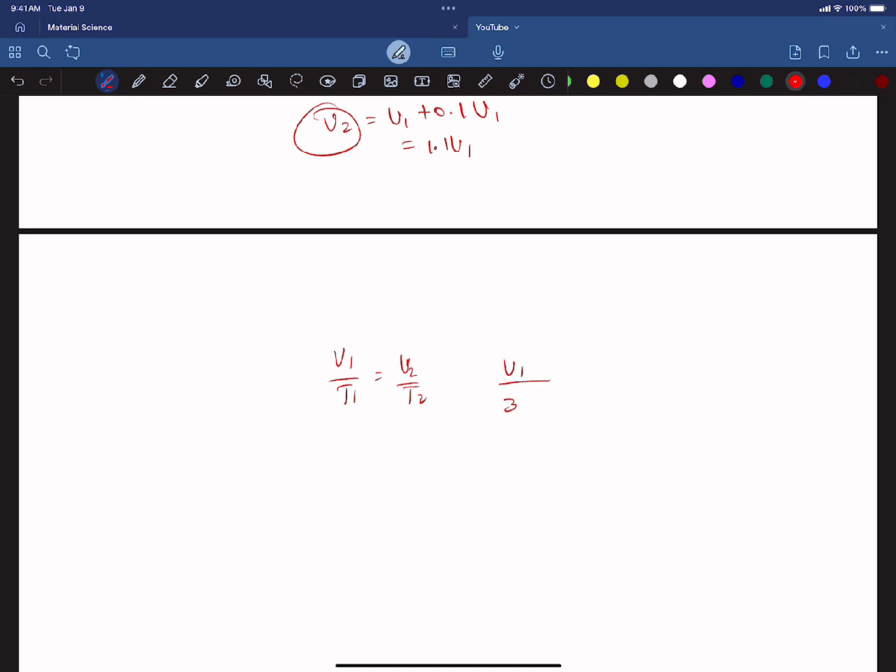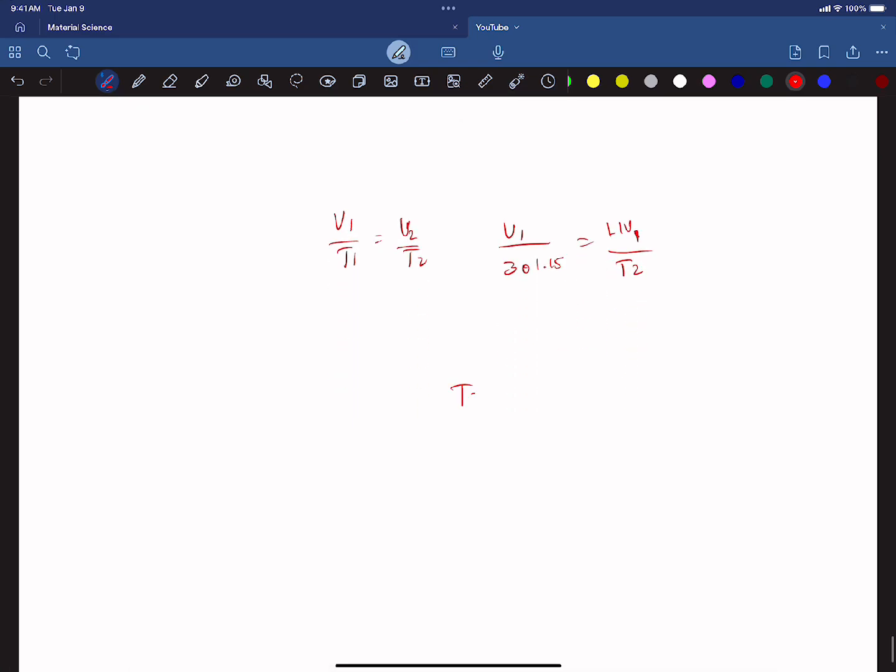V1 is V1, T1 is 301.15, is equal to 1.1 times V1 upon T2. T2 is equal to 1.1 times 301.15, which will give you 331.27 Kelvin. That's our answer.